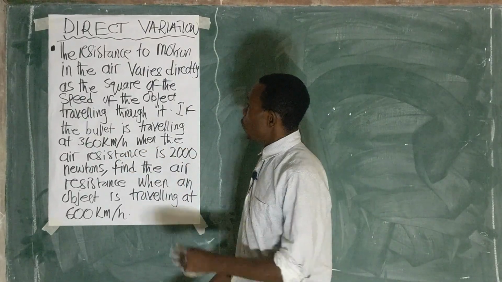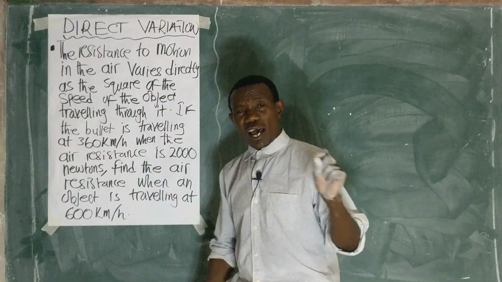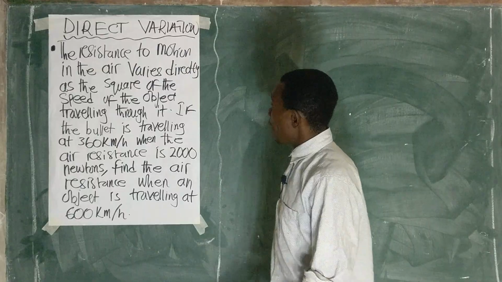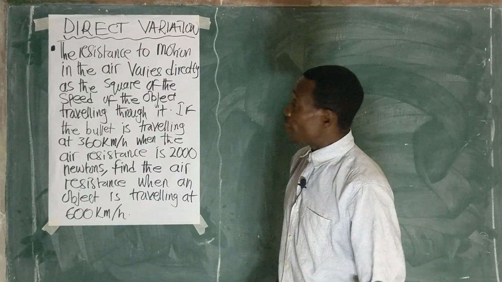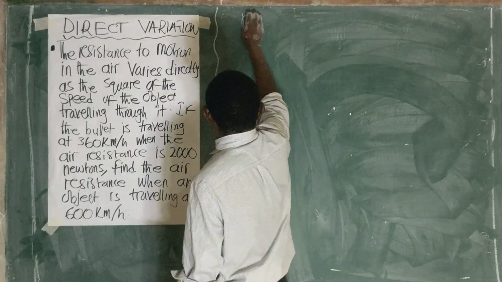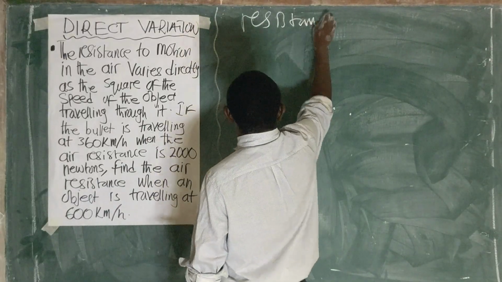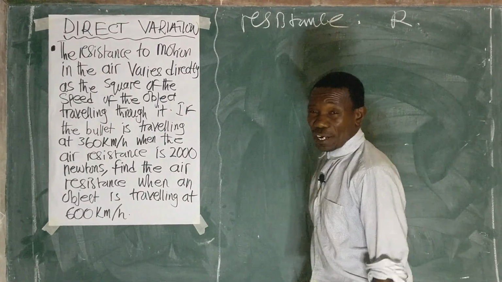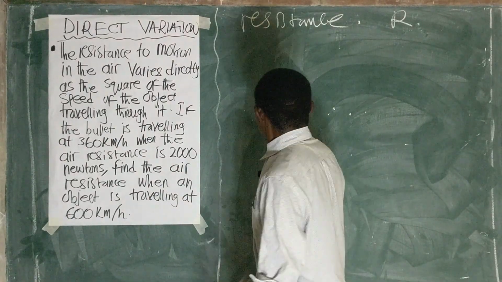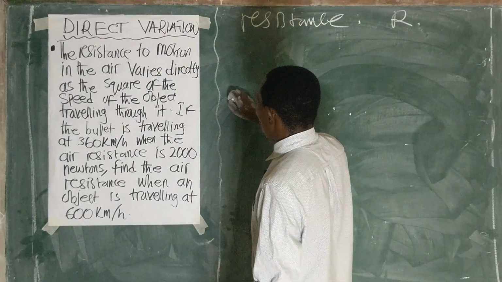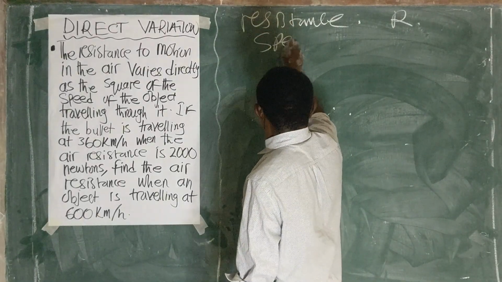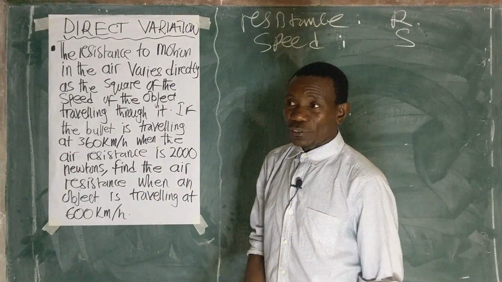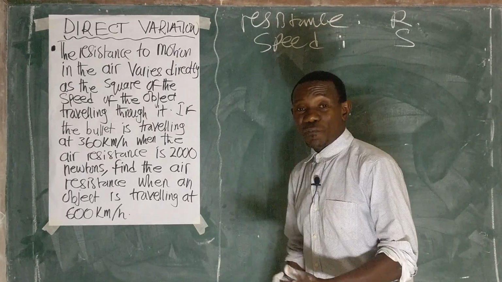What we do here is try to represent these two quantities by variables. You say, let the resistance be represented by a variable, maybe capital R, or whatever variable you can use, and let the speed be represented by the variable S. Then you fit what you know about the variation.